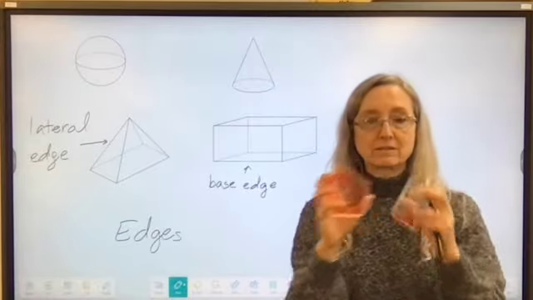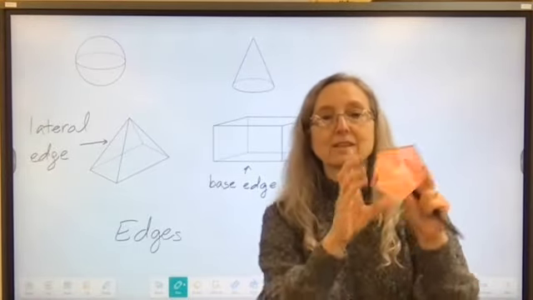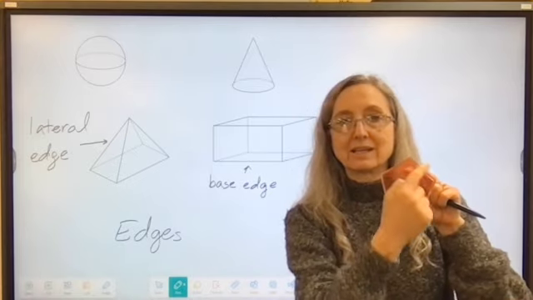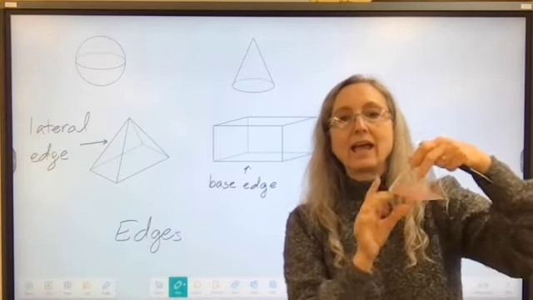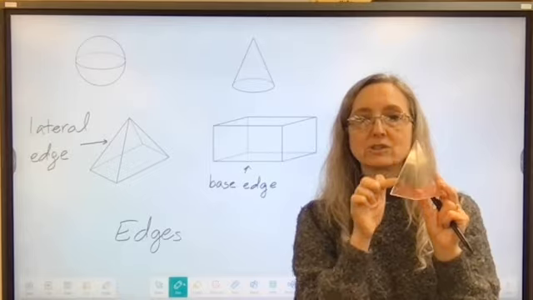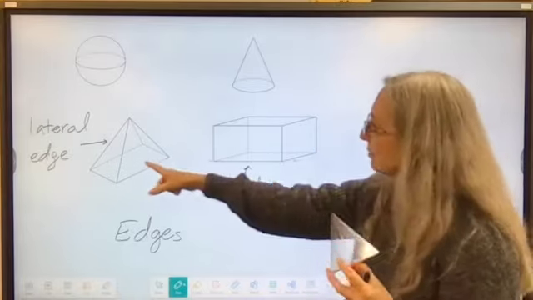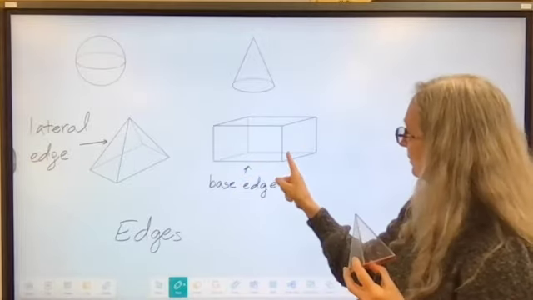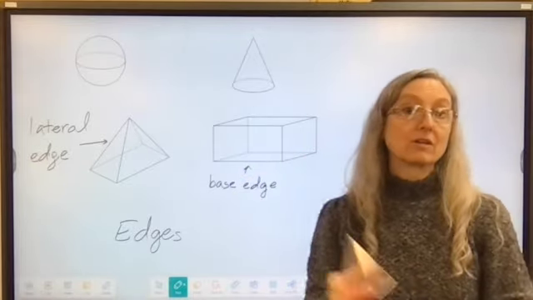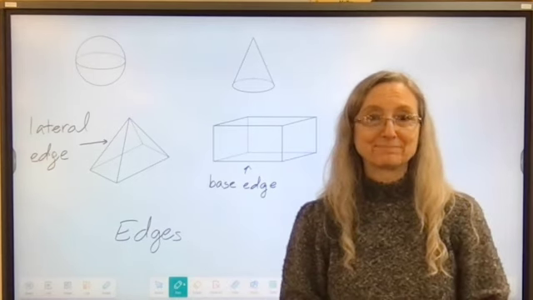So for instance, in this one, each one of these is a base edge. And then we have the lateral edges, which are above the base here. So these are the lateral edges, and these are base edges. So the edges are another part.